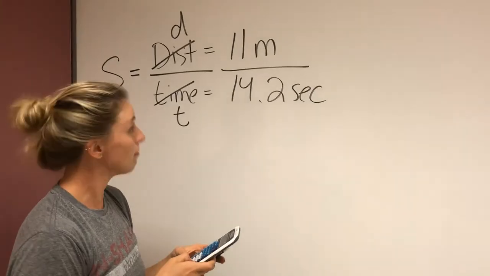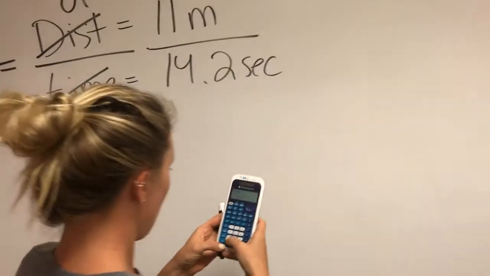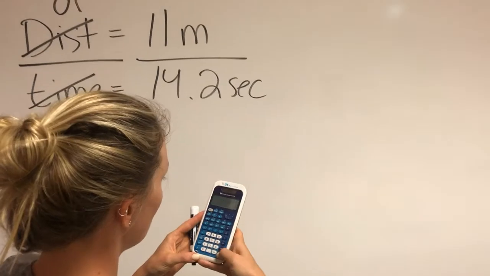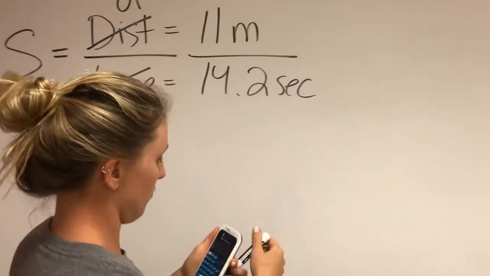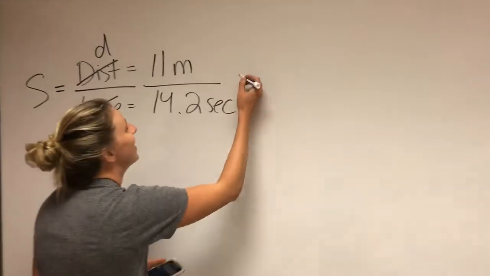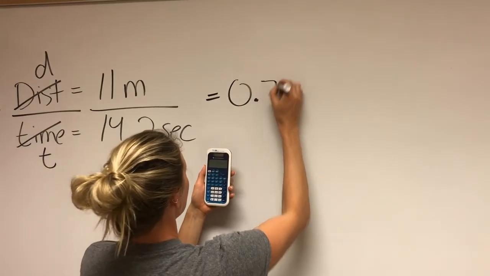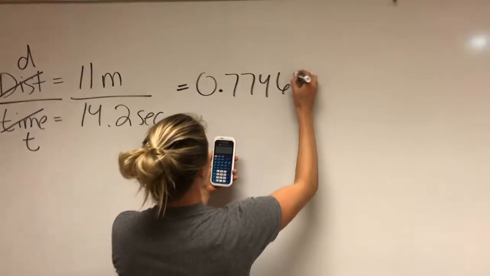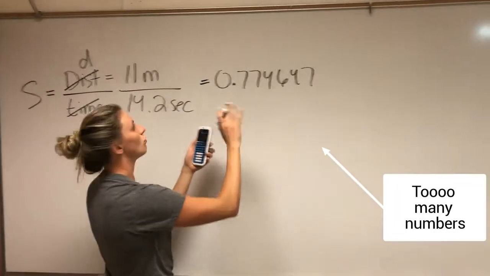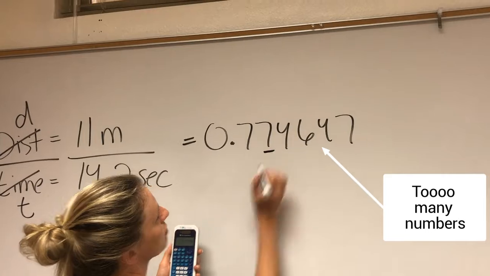Let me plug that in my calculator. 11 divided by 14.2. All right, here we go. So equals, I've got a lot of numbers, 0.77464. Way too many numbers. Let's round to this spot right here.